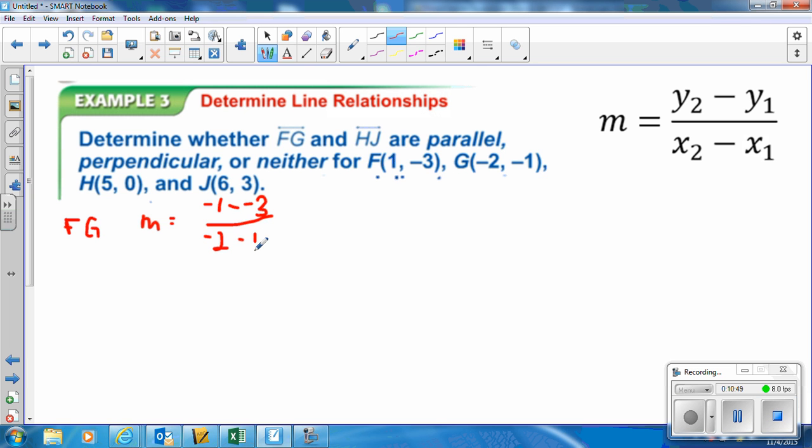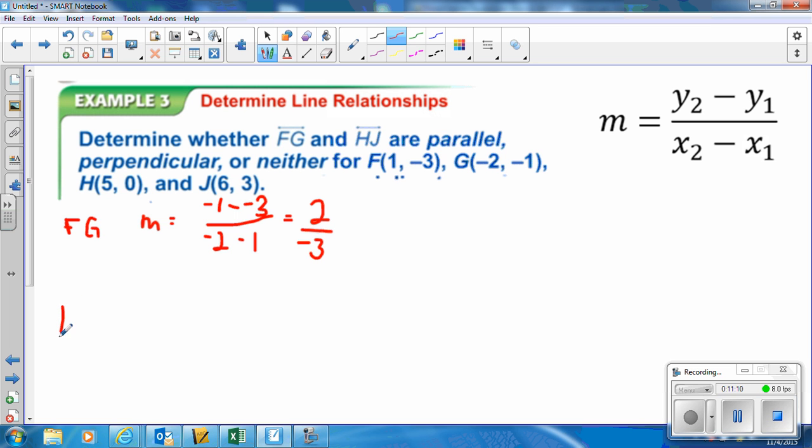So -1 minus -3 would be -1 plus 3, which is +2. And -2 minus 1 would be -3.